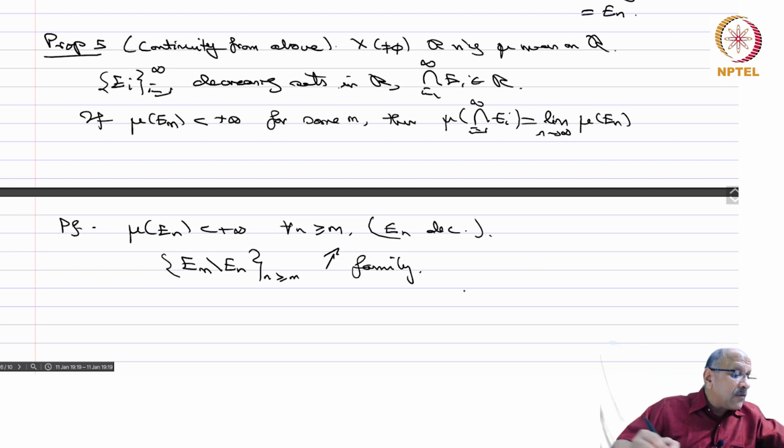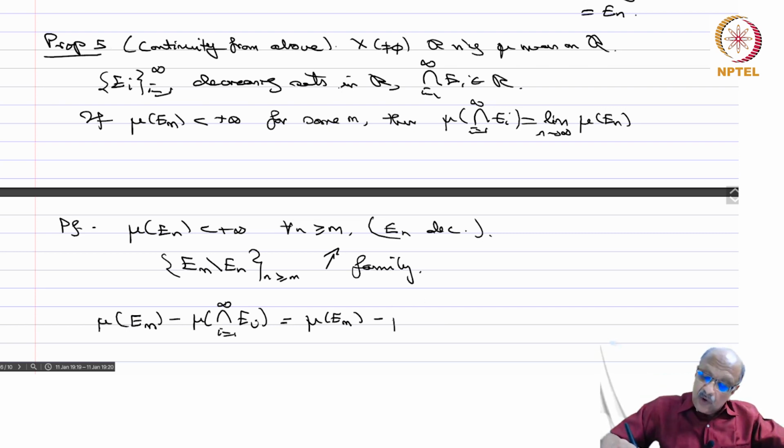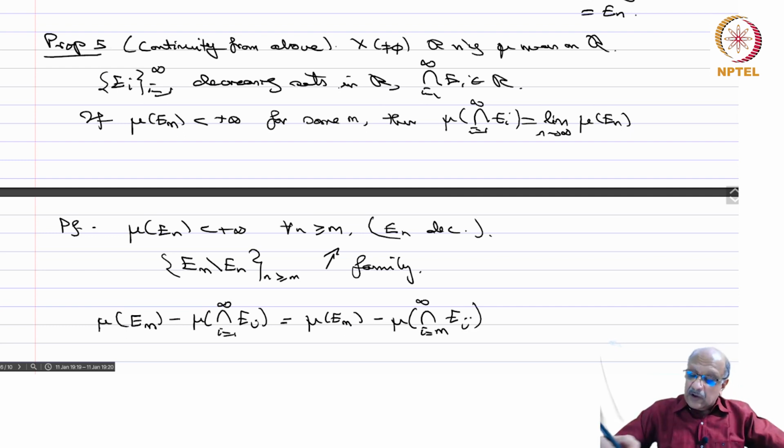So now you write mu of E_m minus mu of intersection i equals 1 to infinity E_i is equal to mu of E_m minus mu of intersection i equals m to infinity E_i, because it's a decreasing set, so we are taking an intersection, and you can start it from m instead of from 1.